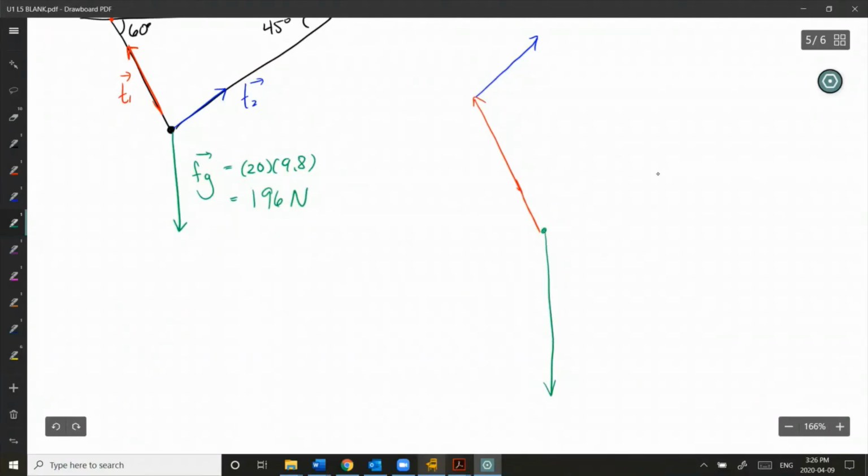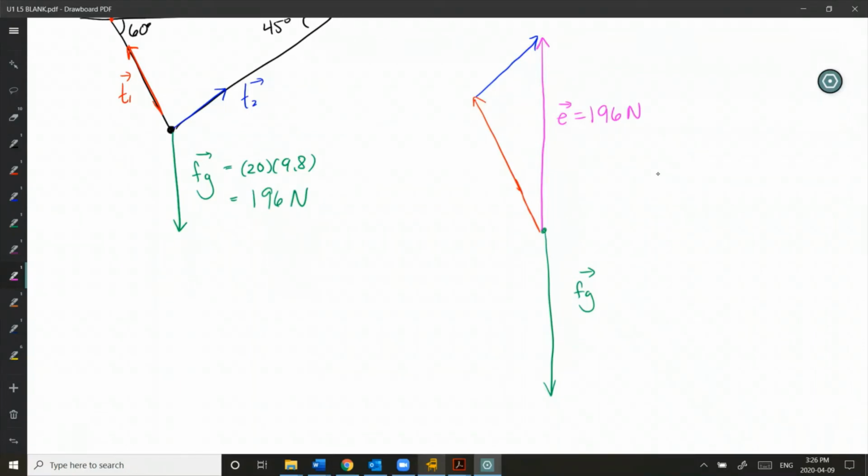And my equilibrant vector is actually going to be the vector that is the sum of both the tensions that counteracts the force of gravity. So if this is my force of gravity, I have an equilibrant vector up here, which is equal in magnitude but opposite in direction. That should add up to both of my tensions. So the tension is keeping that mass in a state of equilibrium.